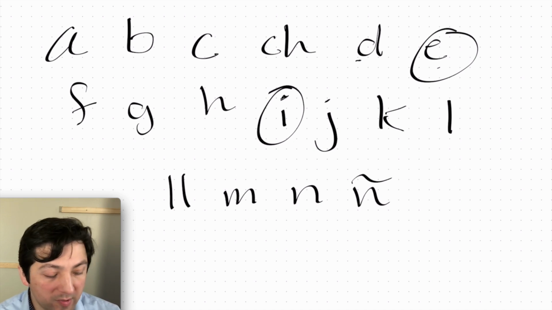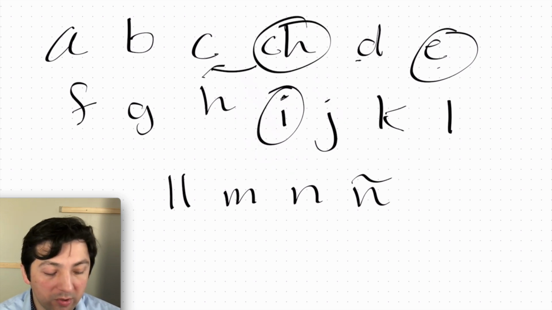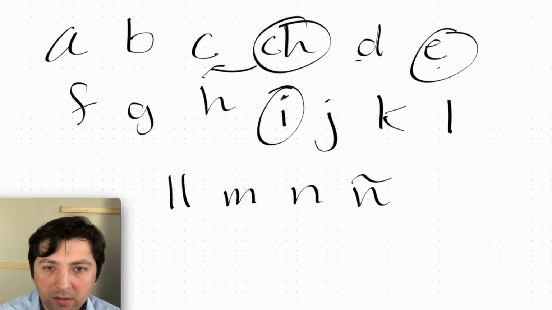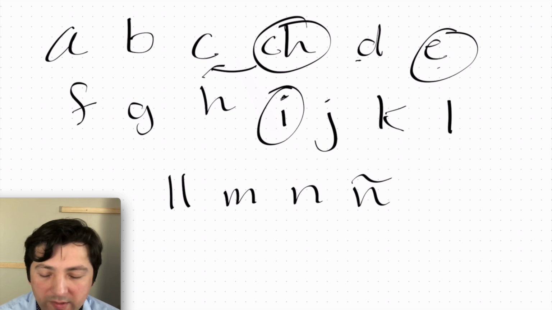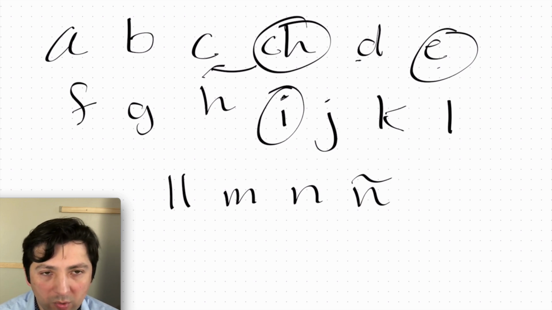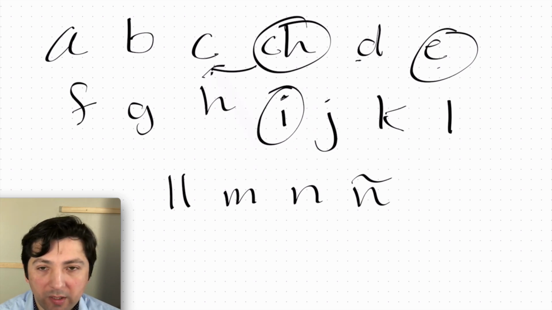The thing that is upsetting, for example, is if you look at newer dictionaries compared to older dictionaries, ch used to have its own entry. Now you have to look for it under c.